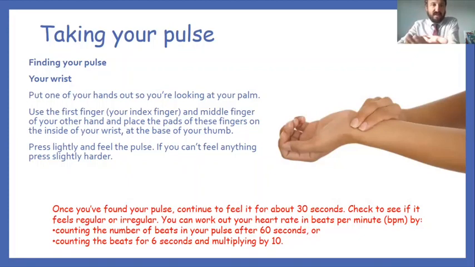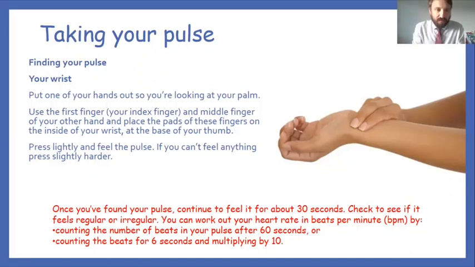I'm going to have to move my hand down a bit because it'll give me a sort of false reading. Now, there you go. If you press really lightly, you don't need to press hard at all, you should be able to feel your pulse, and that is your heart pumping your blood through your arteries and veins and around your body.